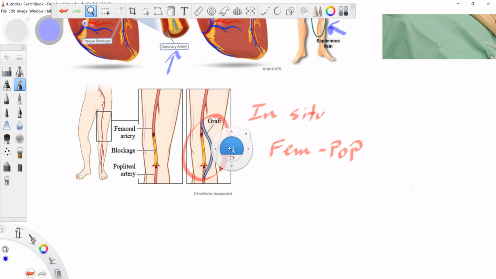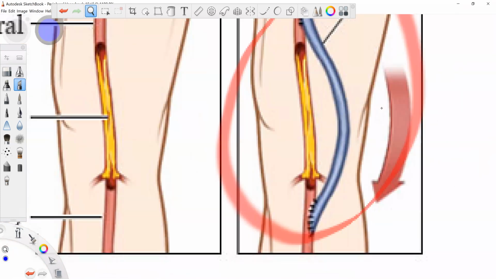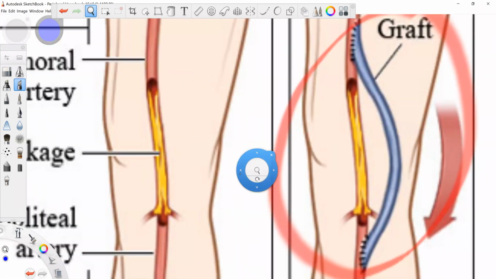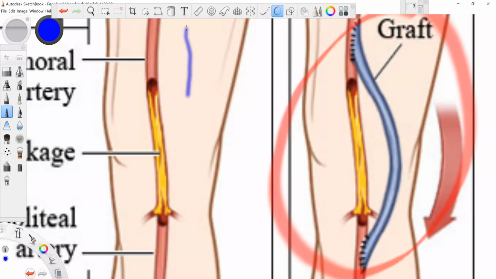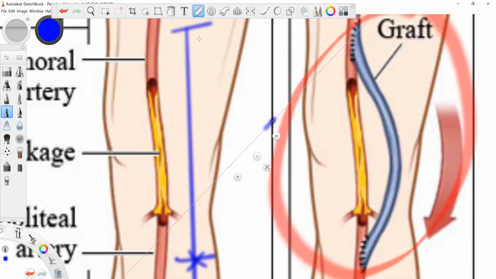Let's zoom in a bit. So we have this vein. Okay, super straight saphenous vein here, and we decide to cut it off here and cut it off there and ligate it.